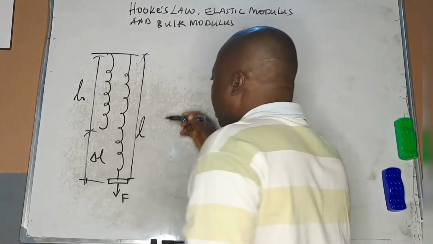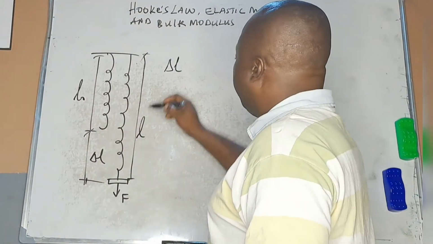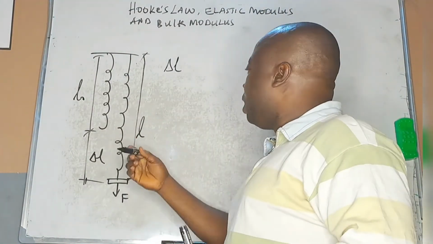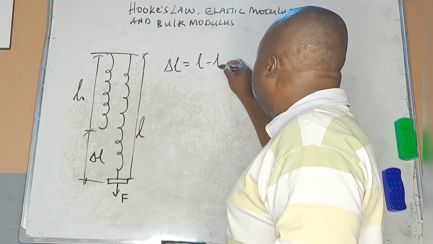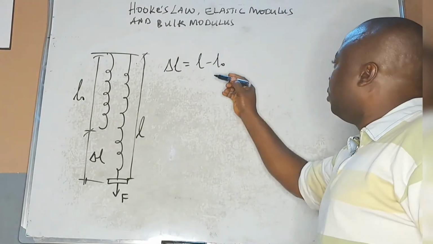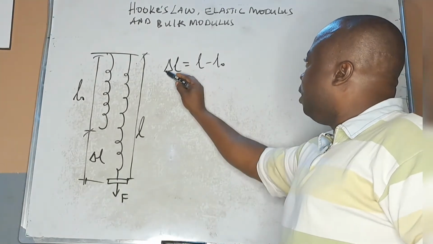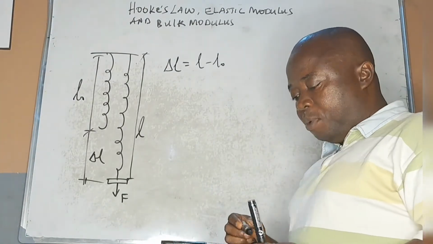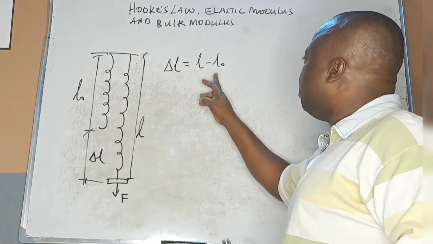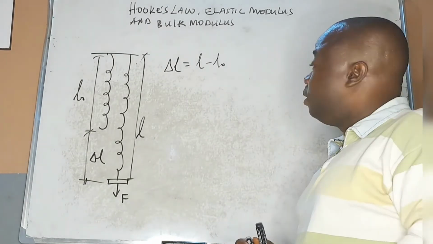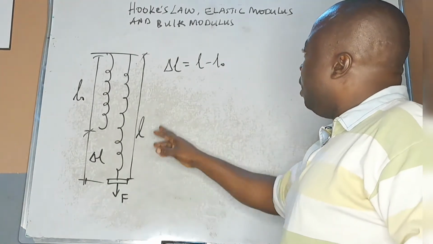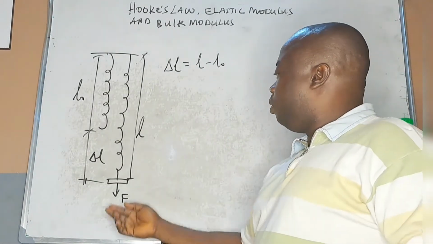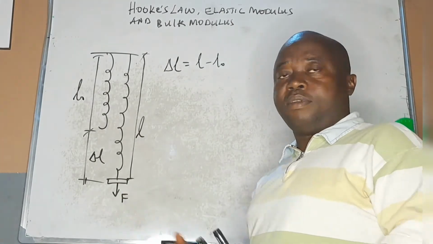Now, the change in length, the extension produced as a result of the application of this force F, equals final length minus original length. This change in length usually is positive because the final length usually is bigger than the original length. Now, Hooke's law says if you want a large extension, you have to apply a large force.